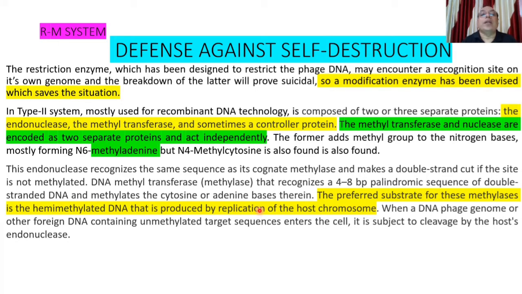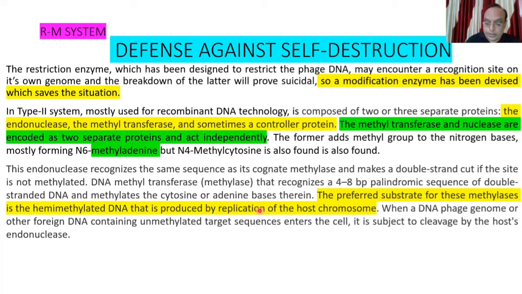So that's why the bacteria gives utmost priority to methylating its own bases at a quicker pace, so that the enzyme which is engaged in breaking down the phage DNA should not get an opportunity to break down its own DNA, because its own DNA has been methylated at that point of attack very quickly, at a faster pace.